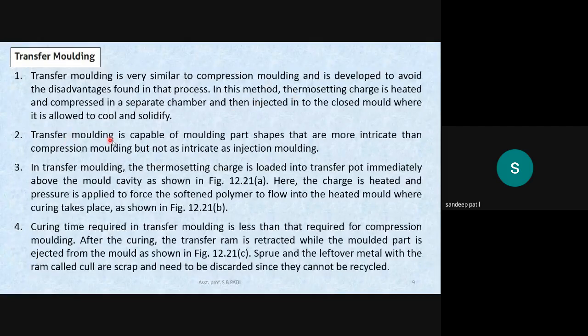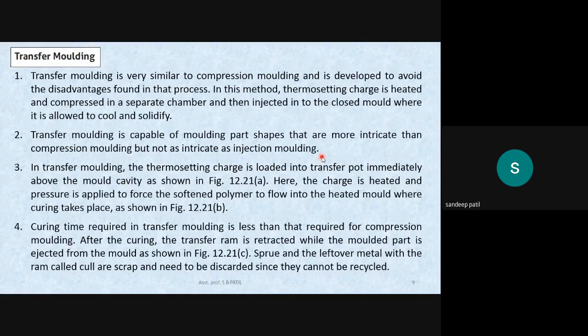So here, transfer molding is capable of molding part shapes that are more intricate than compression molding, but not as intricate as injection molding. According to the geometry of the particular output of the plastics, if the geometry is somewhat complex, then we go for injection molding.